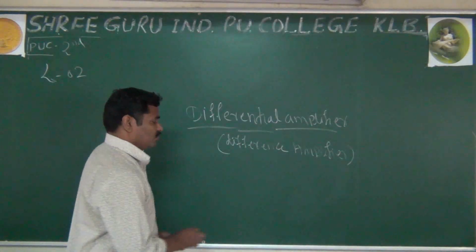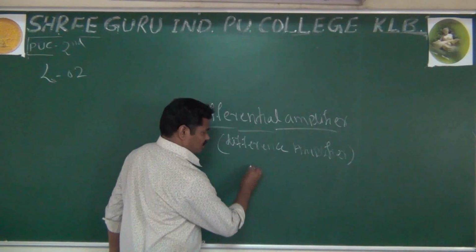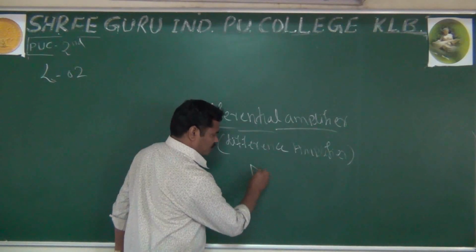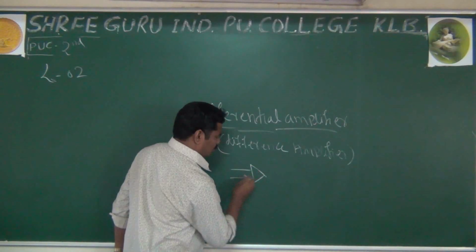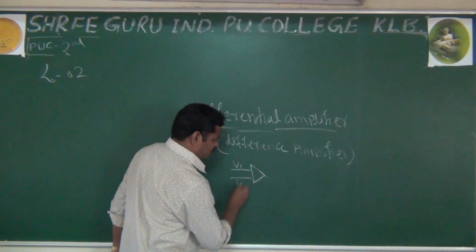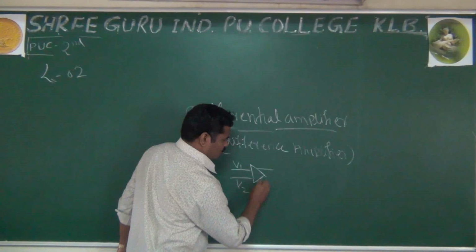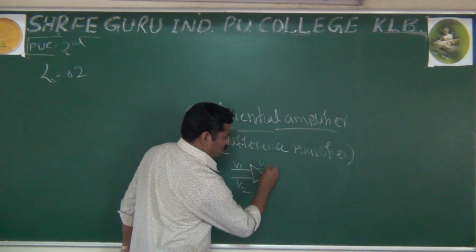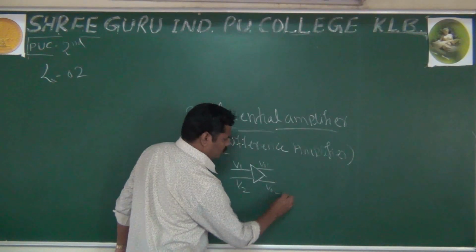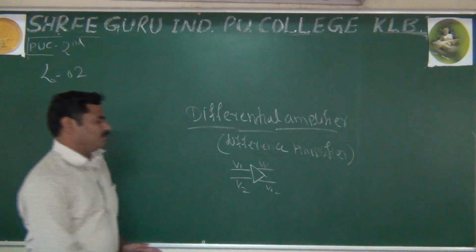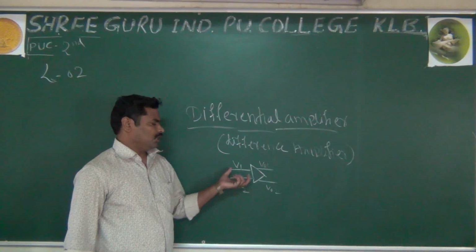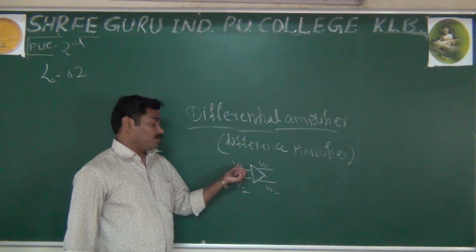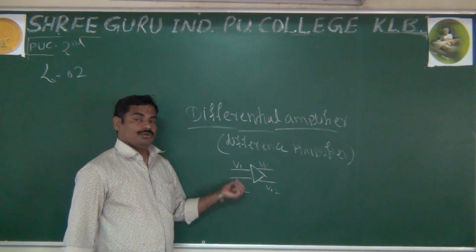And this is the symbol of the differential amplifier. It has two inputs V1 and V2 and two outputs V01 and V02. As I said, it will amplify the difference of the two input signals.